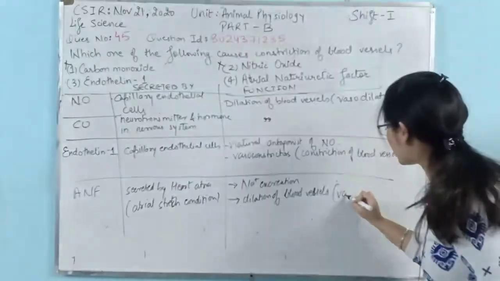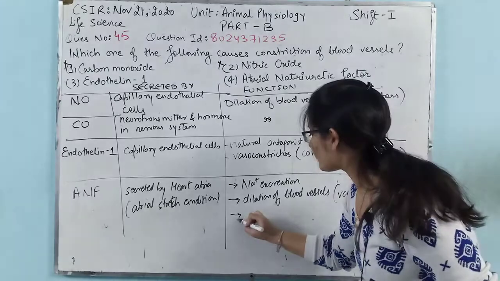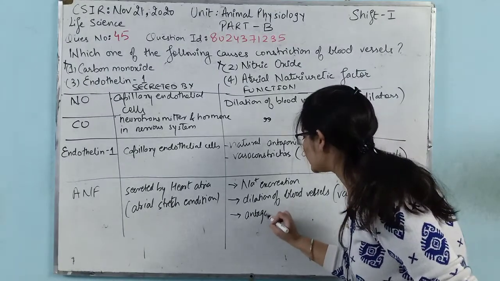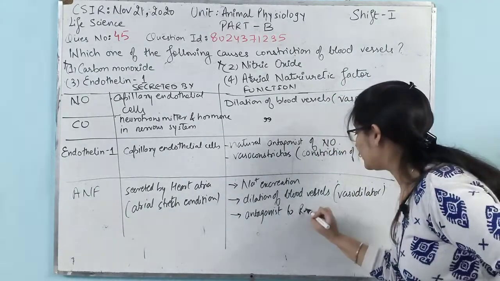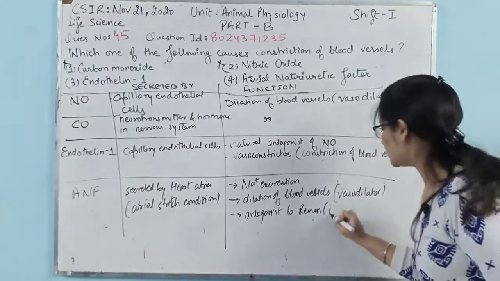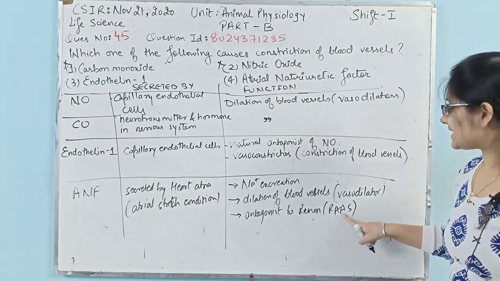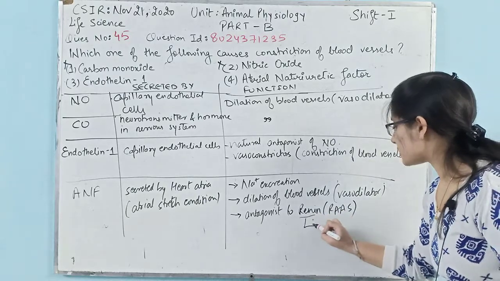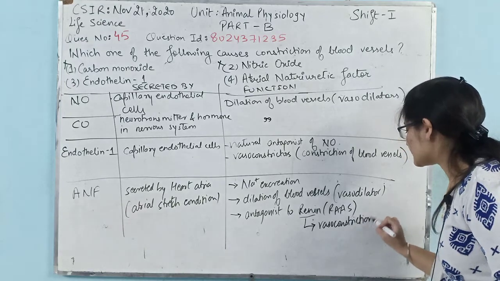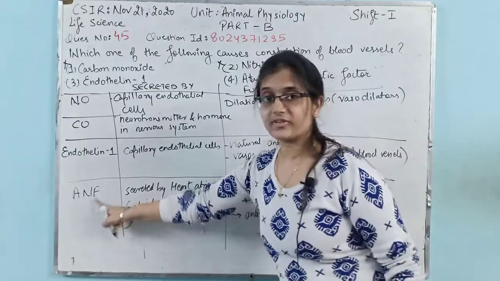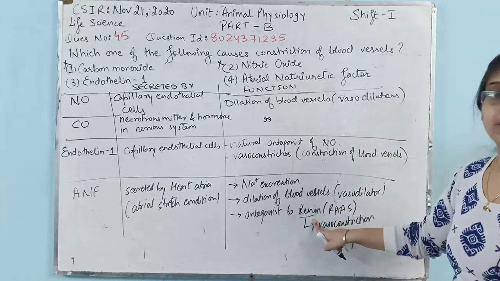So this is again a vasodilator and this functions in antagonist manner to the enzyme cum hormone called renin from your RAS system. That means renin, angiotensin, aldosterone system, which is responsible for causing vasoconstriction. So ANF itself is a vasodilator which is natural antagonist to renin.